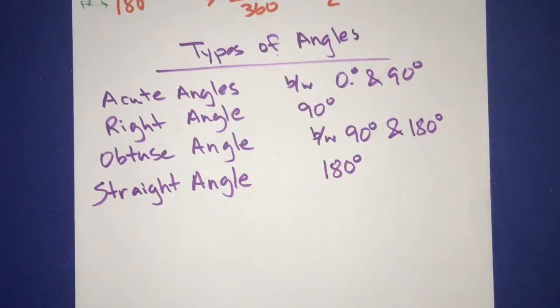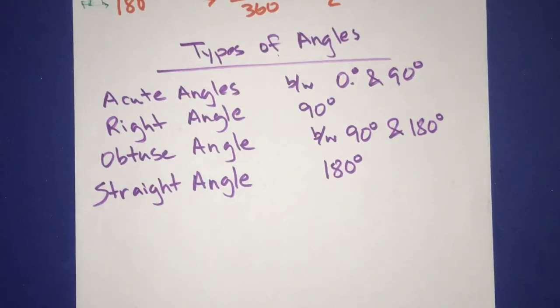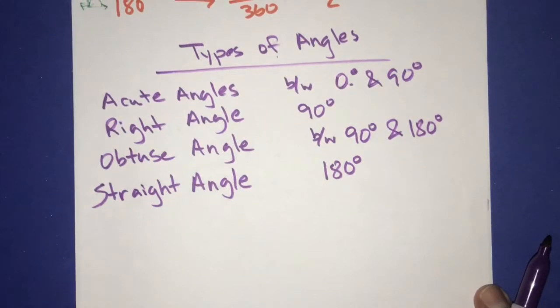Now another system used if we want to look at smaller divisions of a degree is something called degrees, minutes, and seconds, which is sometimes abbreviated as DMS. That'll allow us to look at smaller portions of a degree.